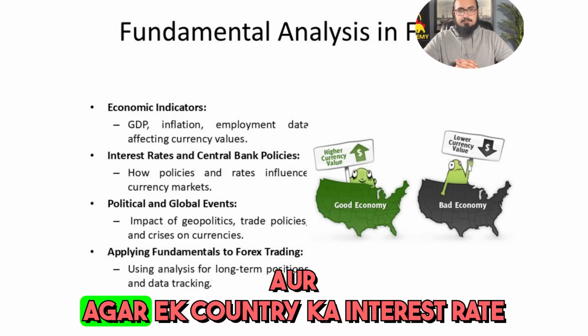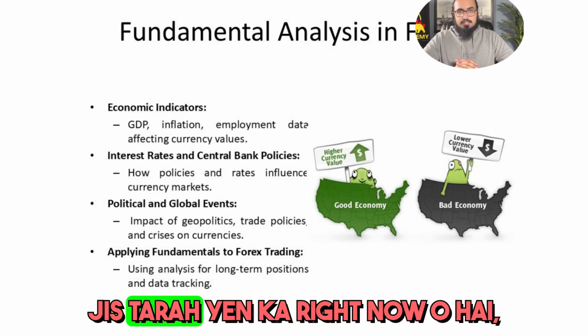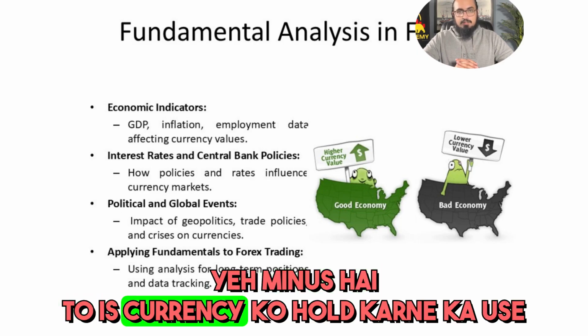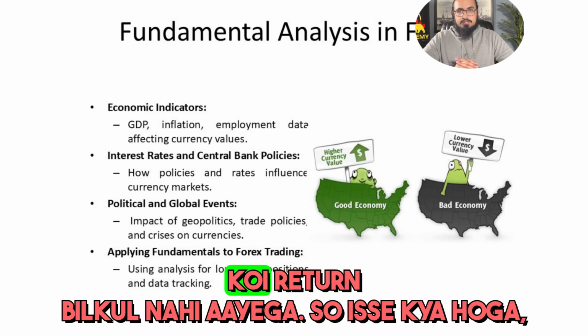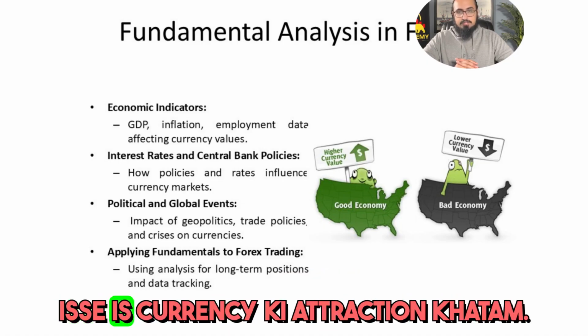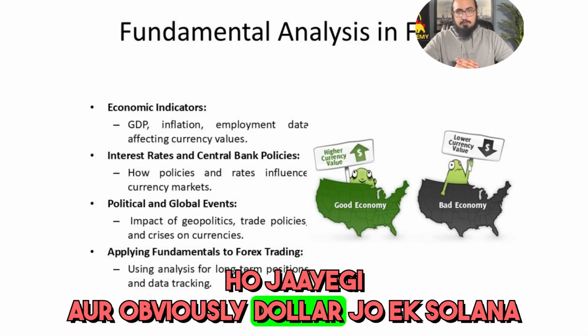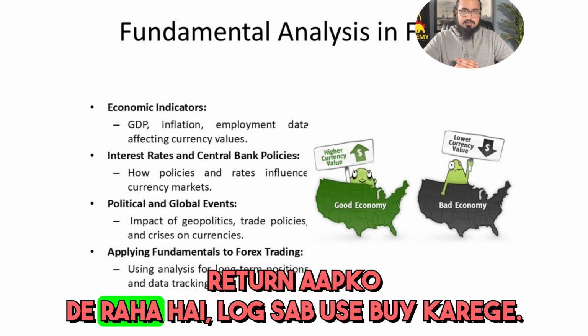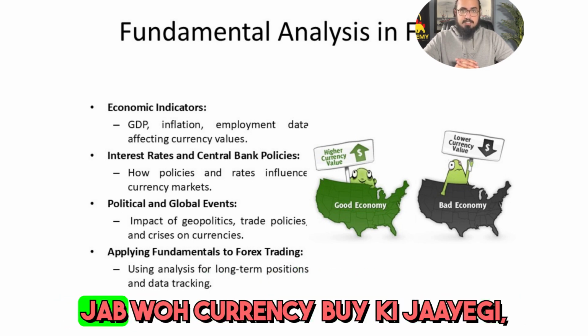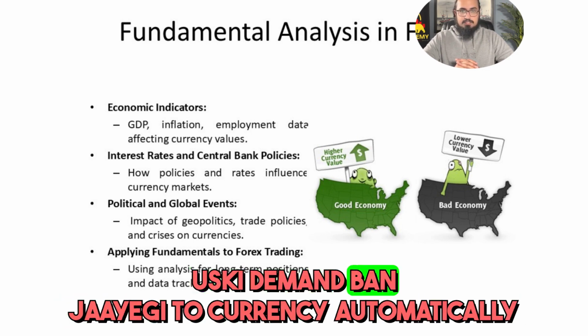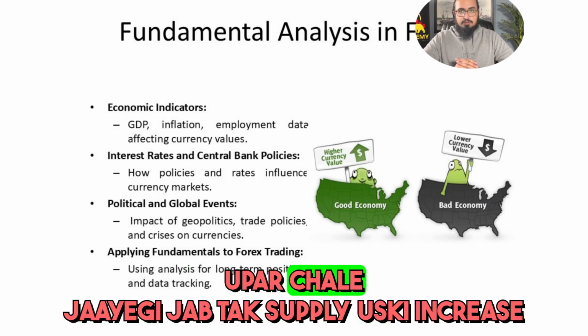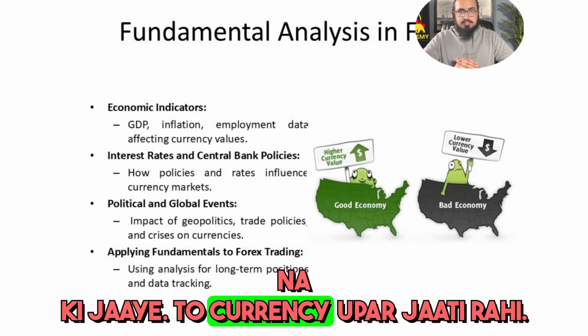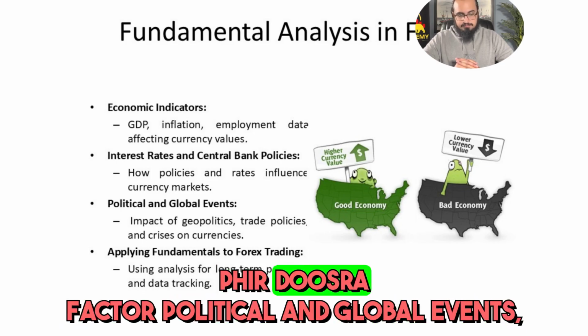The return on holding will come, and if a country's interest rate, like the yen's right now, is 0 or negative, then holding that currency will yield no return at all. So the currency's attraction will diminish, and obviously the dollar, which is giving an annual return, everyone will buy it. When that currency is bought, its demand will increase and the currency will automatically rise, as long as its supply is not increased.